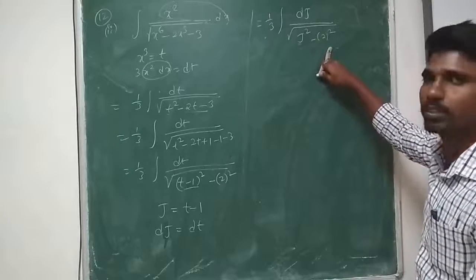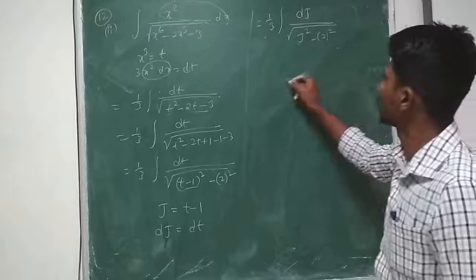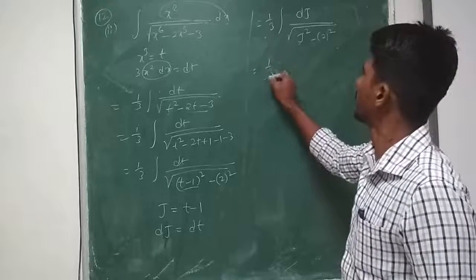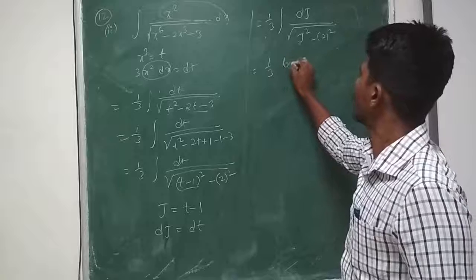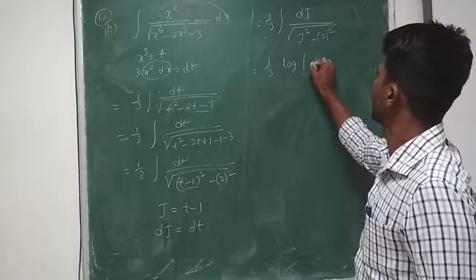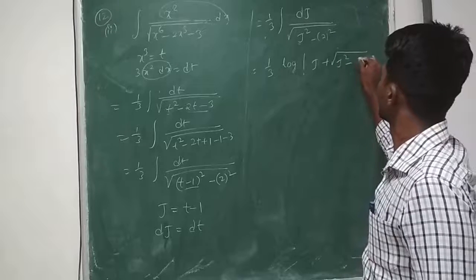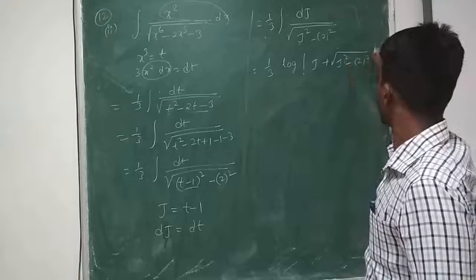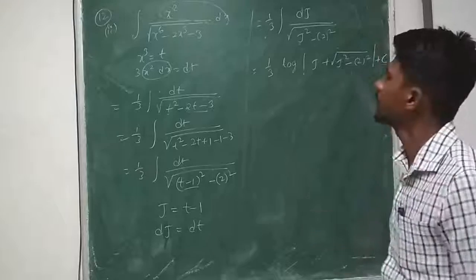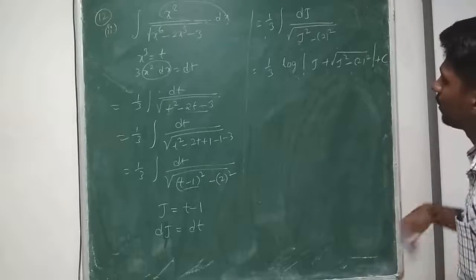So the answer is log modulus of x plus root over x square minus a square. So it's equal to 1 by 3 into log modulus of j plus root over j square minus 2 square plus a constant c.